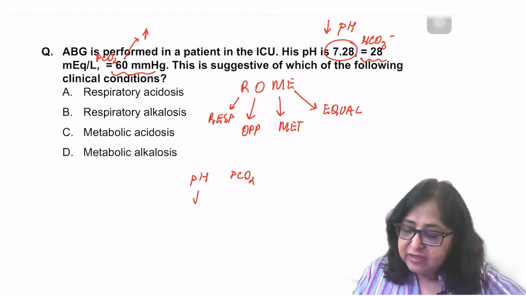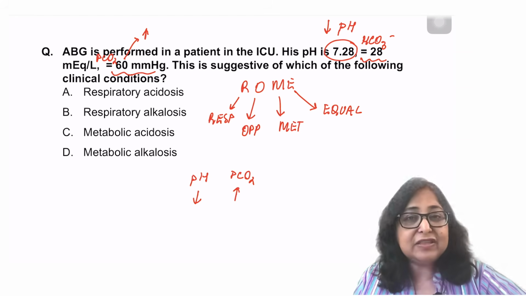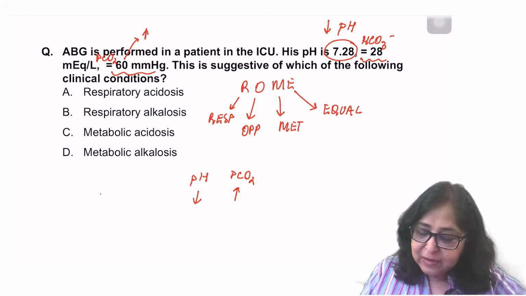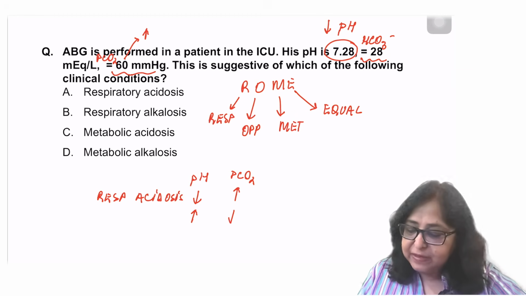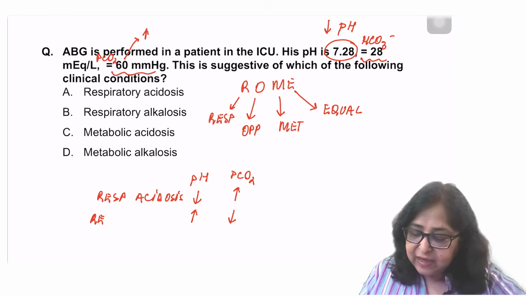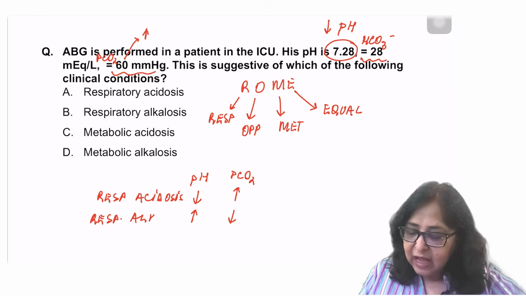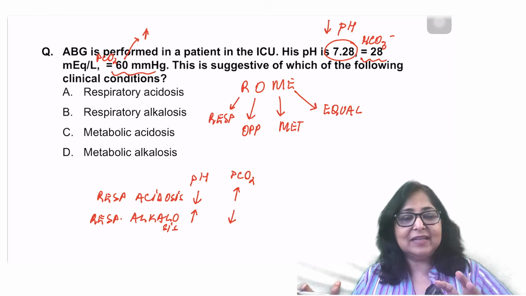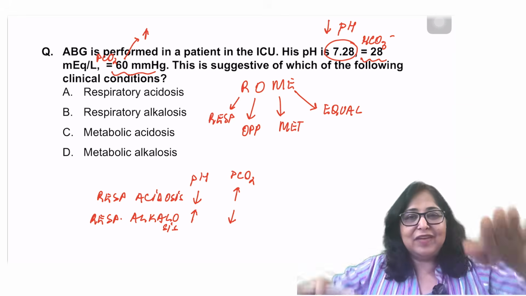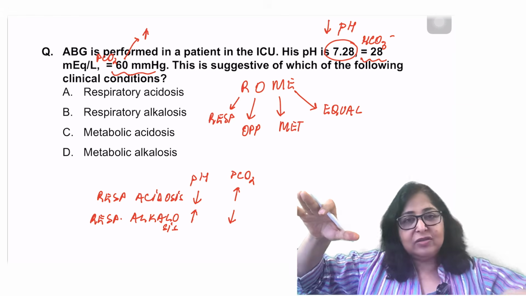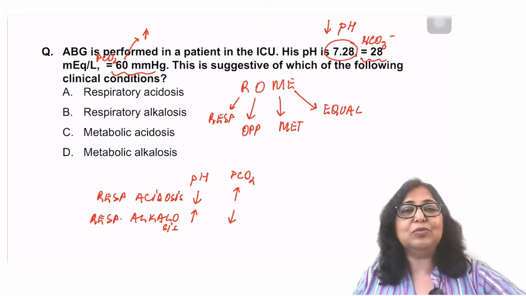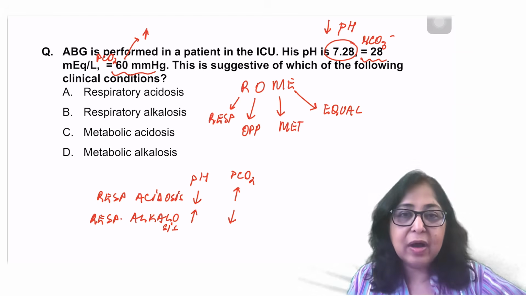If the pH is low and PCO2 level is high, this will be a respiratory acidosis. If pH level is high and PCO2 is low, this will be a respiratory alkalosis. So opposite. It's also called the seesaw effect. Low pH, high PCO2, respiratory acidosis. High pH, low PCO2, respiratory alkalosis.